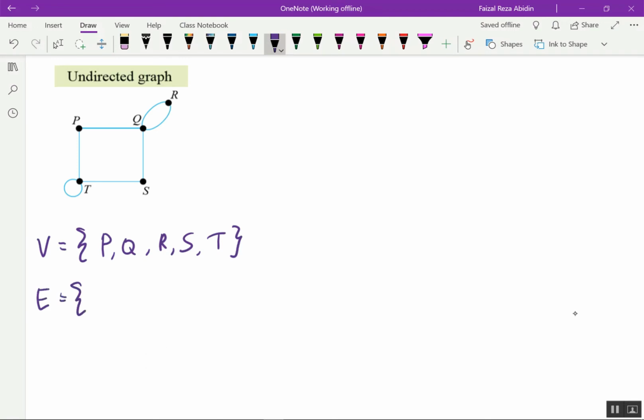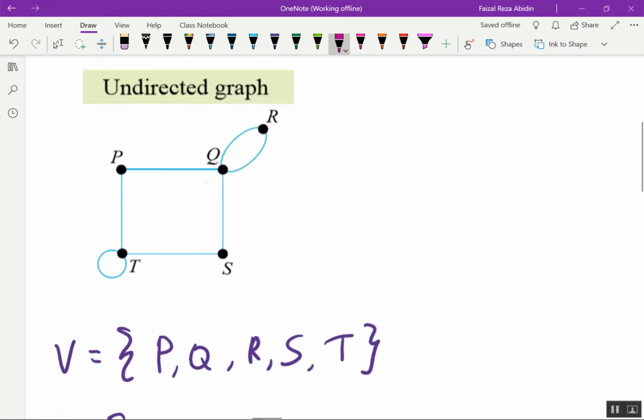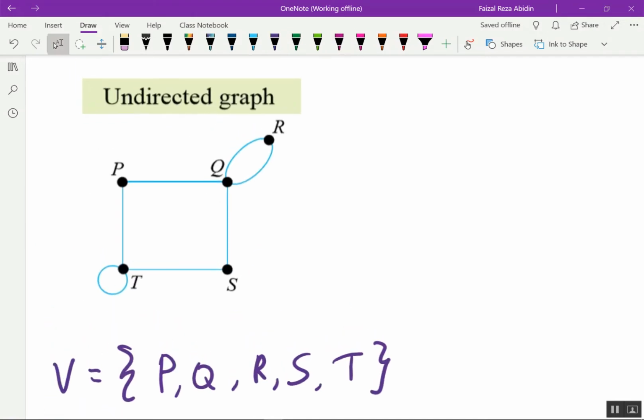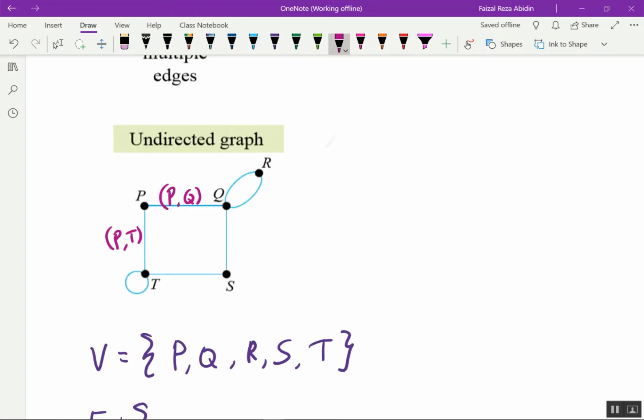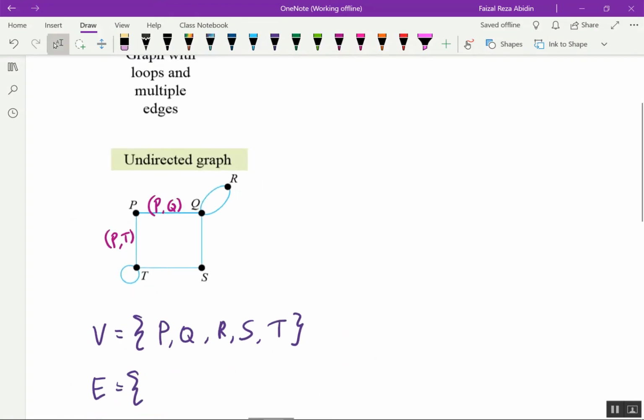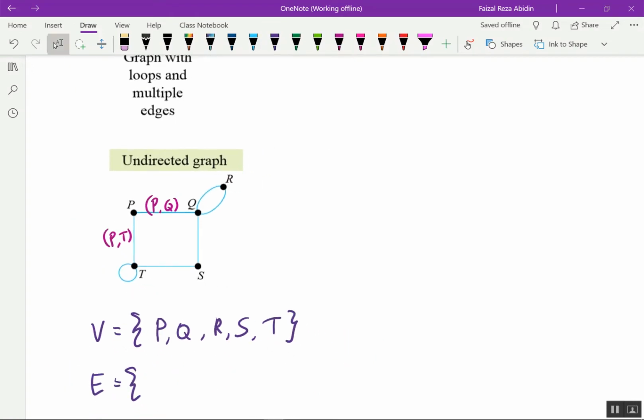Edges given there: this one is PT. This one is PQ. PT, PQ. Next we look here. This is our multiple edges. This one is multiple edges.